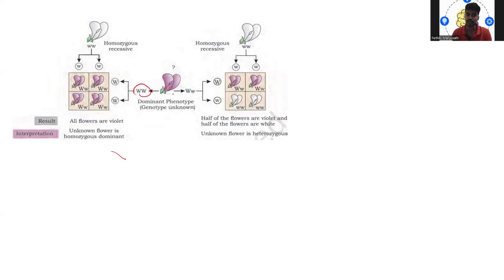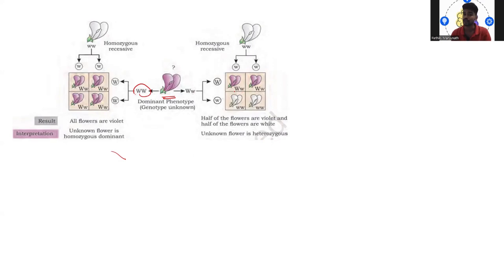So based on his observation in the F2 generation, all were violet now. Obviously, because the dominant is going to show its dominance over the recessive one, right? So in the F2 generation, all were dominant.